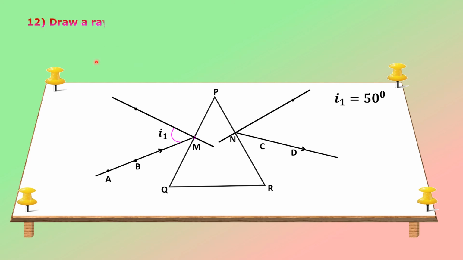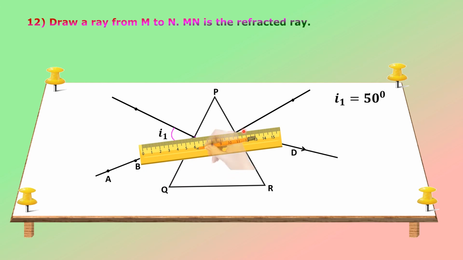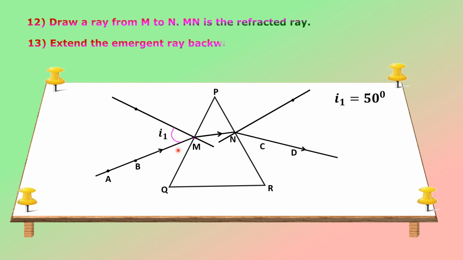Next, join M and N. Draw a ray from M to N, and MN will become the refracted ray. Let us draw it. Next, we have to extend the emergent ray backwards and the incident ray forwards.